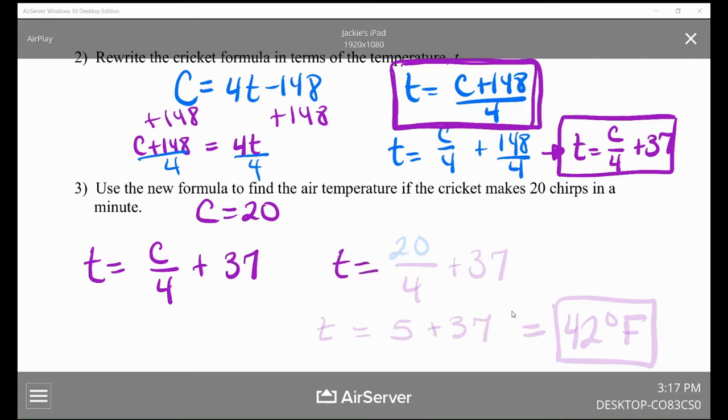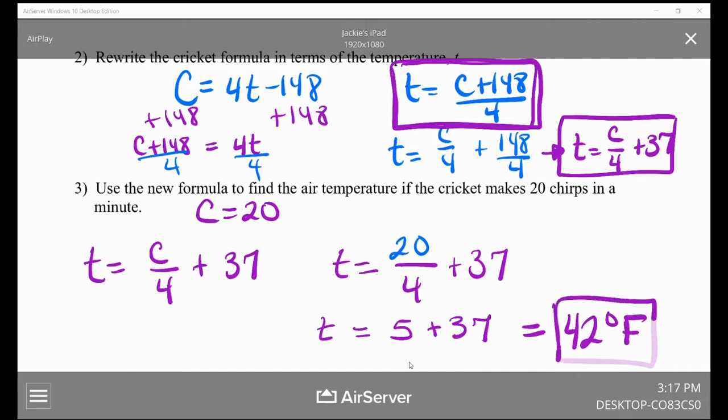And we're going to substitute the value of C equals 20. 20 divided by 4 is 5. And 5 plus 37 is 42. So when there are 20 chirps in 1 minute, that means the temperature outside is 42 degrees Fahrenheit.